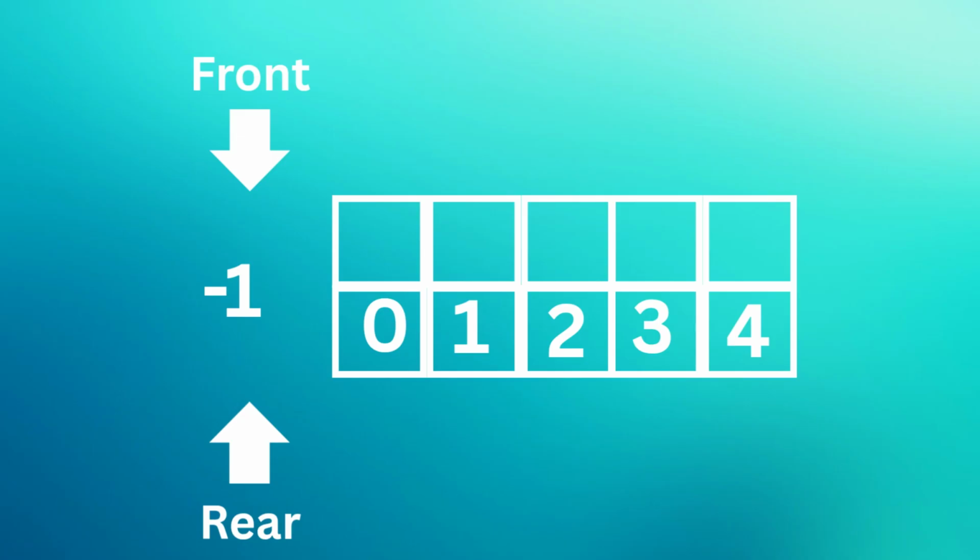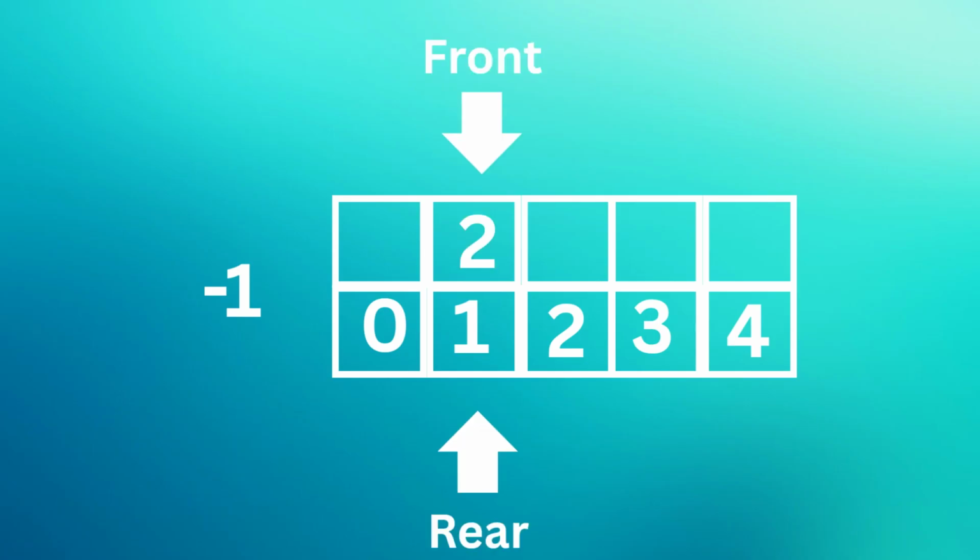Now, our another example is atong front is in the index number 1 and our rear is in index number 1 also. Now, if you want to remove one element, our front will be in index number 2.